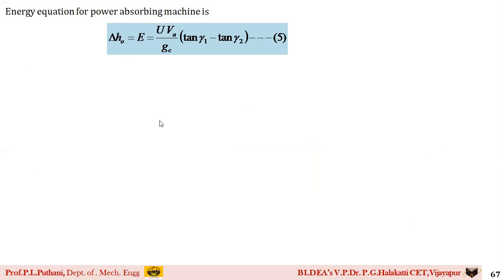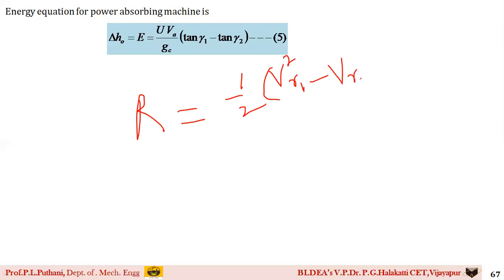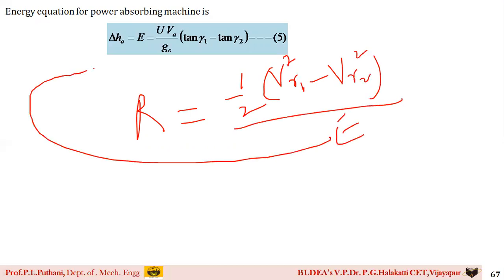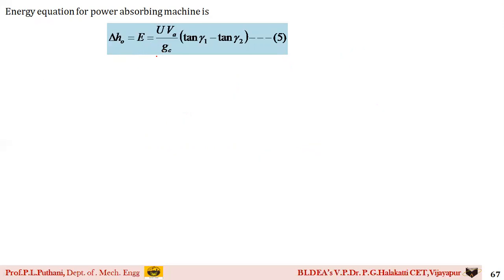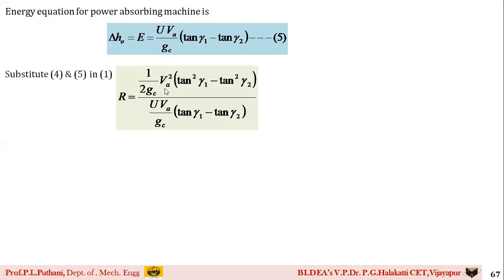So what was our degree of reaction equation? Our degree of reaction equation was R is equal to 1 by 2 (VR1 square minus VR2 square) divided by E. So the E value we have here, and VR1 square minus VR2 square, just now we have seen. So substitute the values here and we get it in this form.